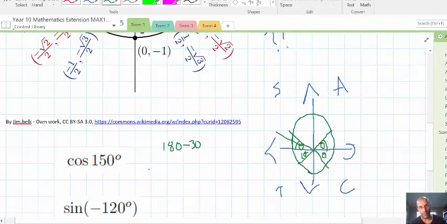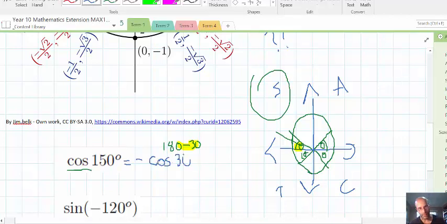So what we do is we look at its cos, and this is the second quadrant. This is sine's turf, so cos is going to be negative. So it'll be negative of this acute angle here. The acute angle is 30, so it'll be the same as negative of cos 30.